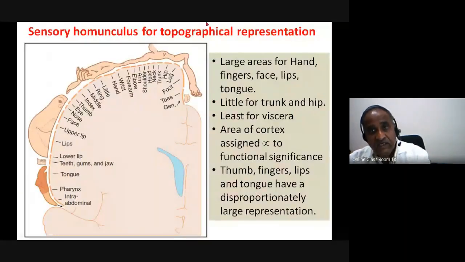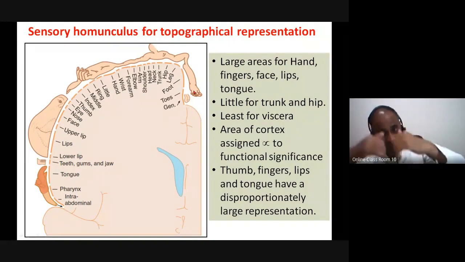Now coming back here, this is the homunculus, which I am trying to revise for you. You can see that it starts at the most interior part of the sulcus.